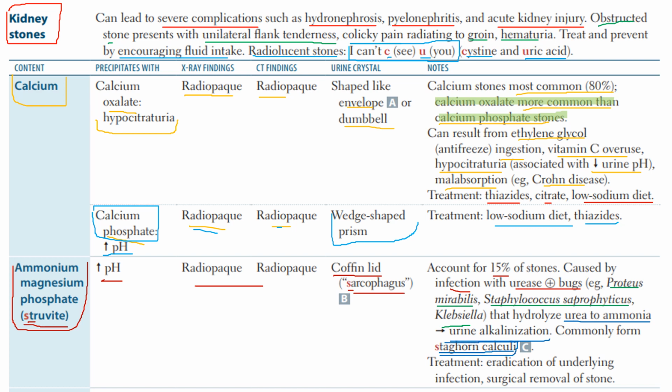Remember that. Ammonium magnesium phosphate or struvite stones form staghorn calculi.